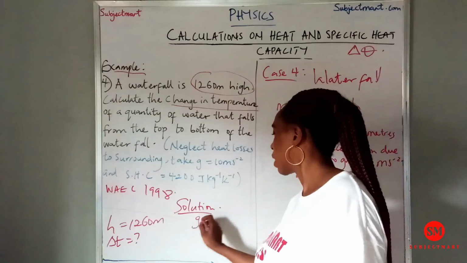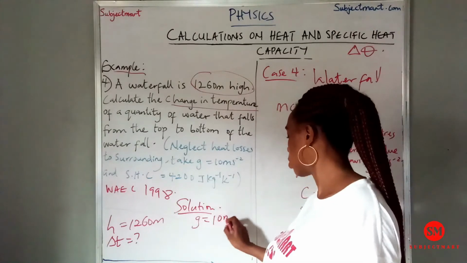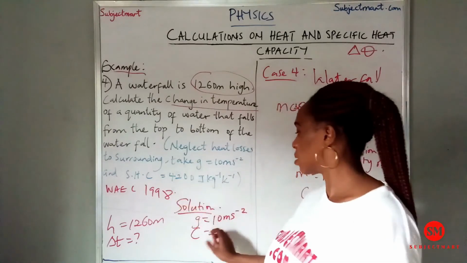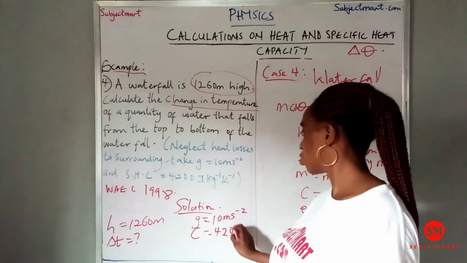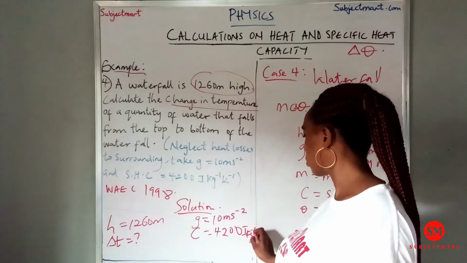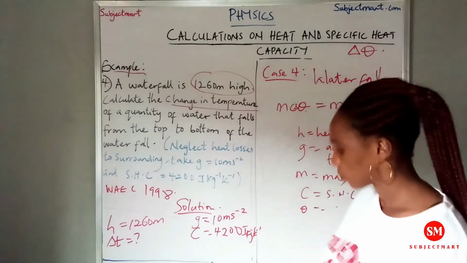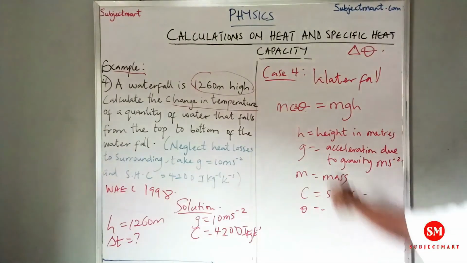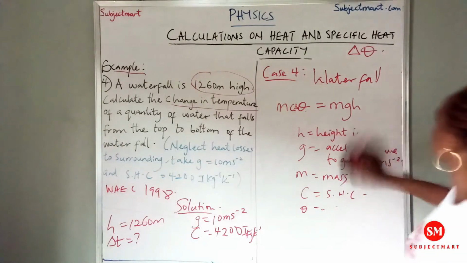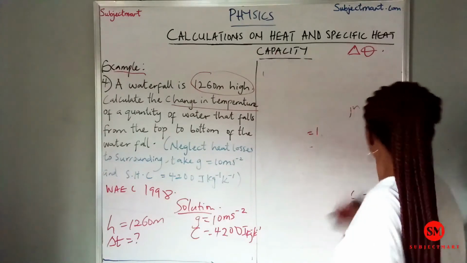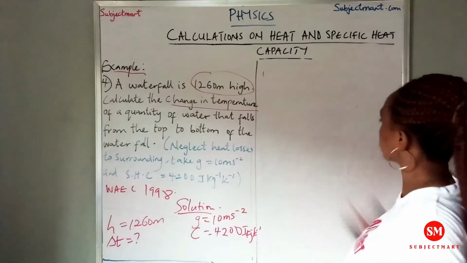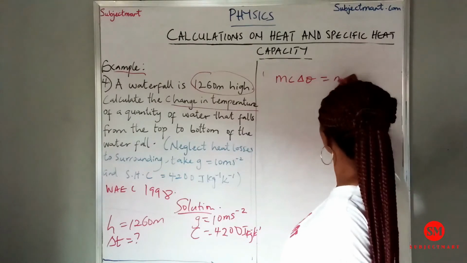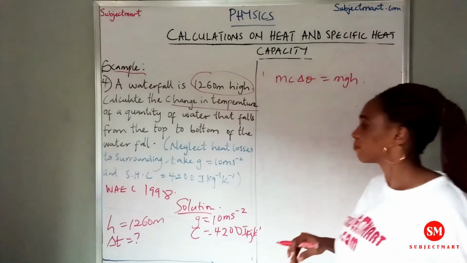Take g as 10 meters per second squared, and we are given c, which is specific heat capacity, as 4,200 joule per kilogram per Kelvin. Okay, so we'll just go ahead and apply our formula here for case 4. So I have mc change in theta is equals to mgh.